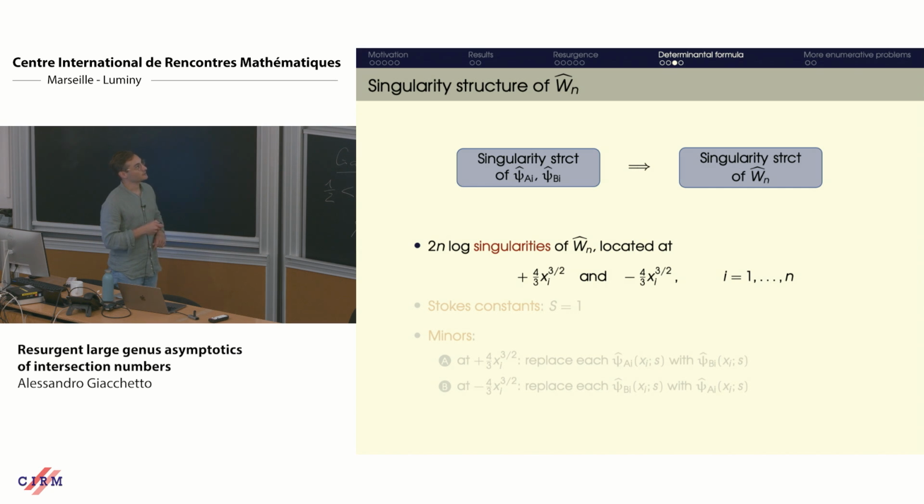And the first singularity is given by essentially the appearance of the Airy function with variable xi_i, and the second one is given by the presence of the Berry function with variable xi_i as well. And again, since I know everything about the Airy function, one can also compute the Stokes constant.